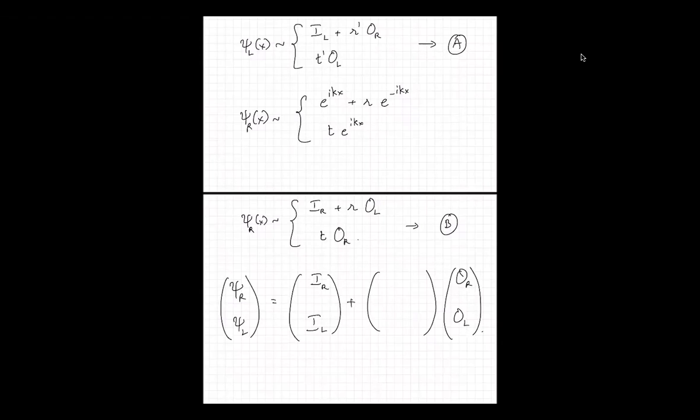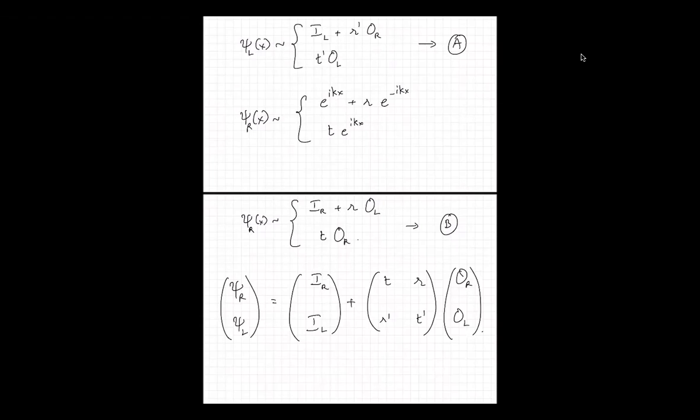So what does this matrix formulation mean? It is a relation between incoming radiation and outgoing radiation, basically. That is what this matrix equation represents. If you look at equations A and B, we can easily figure out that psi R should be written as IR plus R times OL. So there has to be an R here, and then a T here, and similarly, this should be an R prime and a T prime.